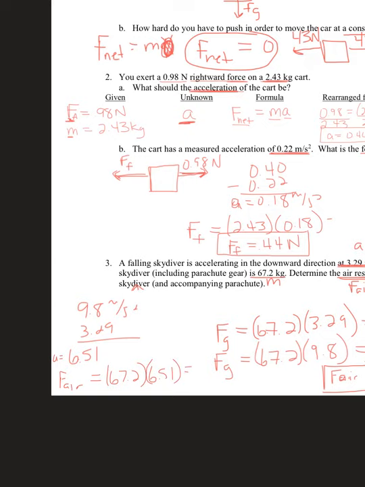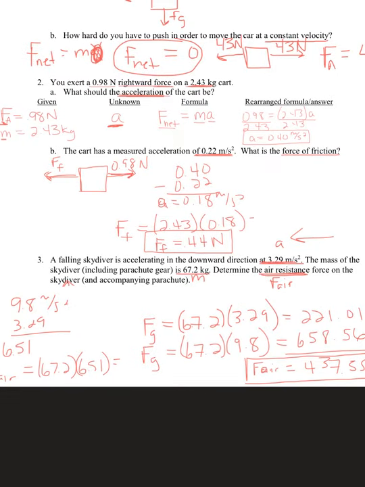And I should get 437.55 if my calculations are correct. 67.2 times 6.51. And that's exactly what I get. That's 437.5 newtons. Again, either way works, those both work the same way.